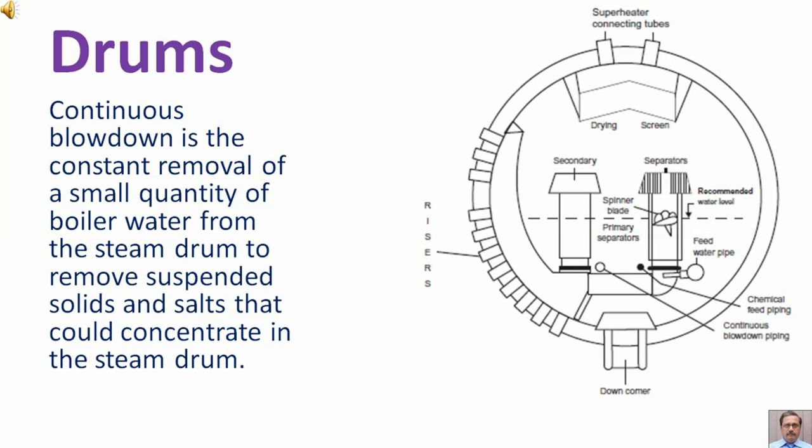Continuous blowdown is the constant removal of a small quantity of boiler water from the steam drum to remove suspended solids and salts that could concentrate in the steam drum.